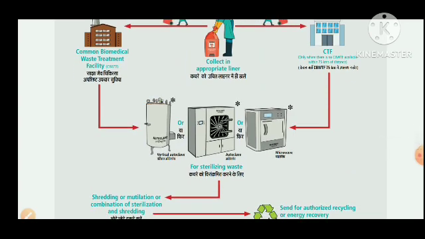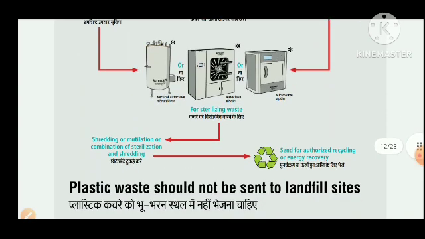And how are we sterilizing the waste? By using the vertical autoclave or microwave. Okay, so after sterilizing the waste, it goes to shredding or a combination of sterilization and shredding. So what is meant by shredding? Cutting the plastic material into small pieces, that is known as shredding.